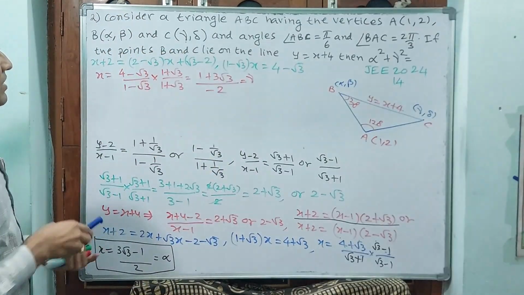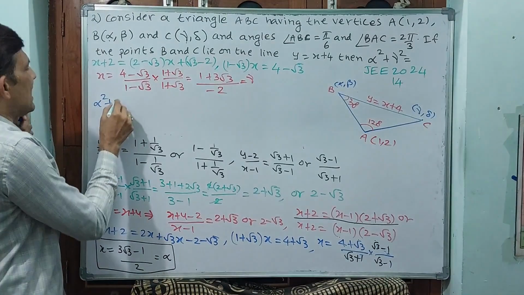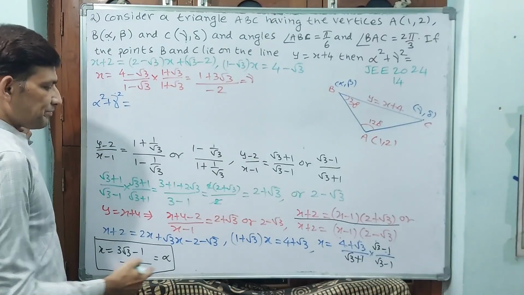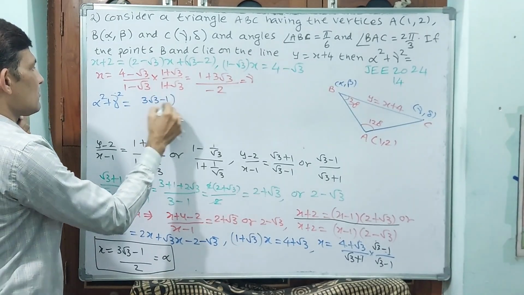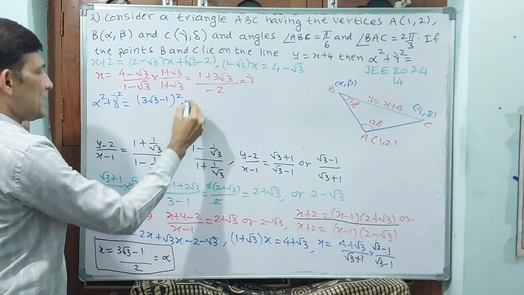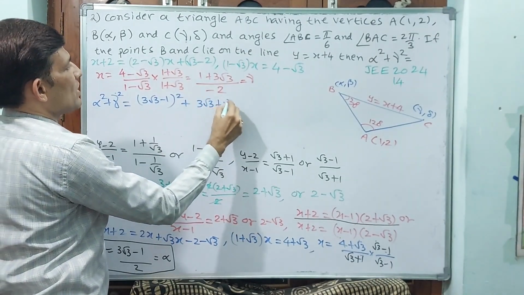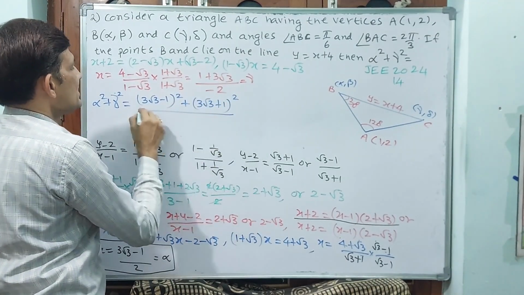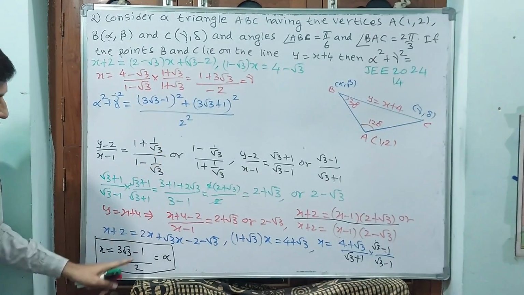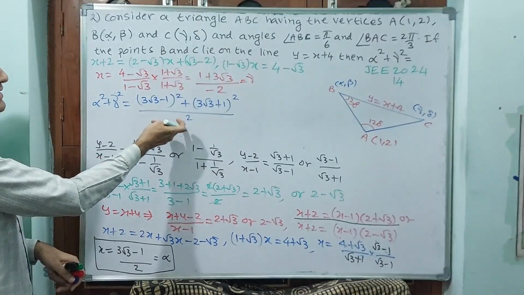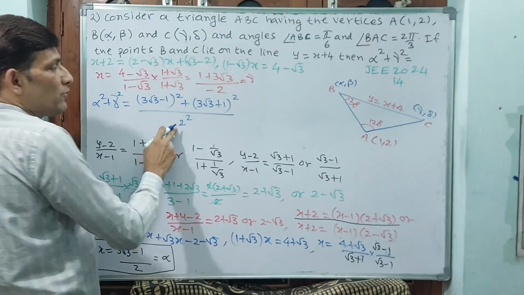Now let us square and add. Alpha square plus gamma square is equal to 3 root 3 minus 1 whole square plus 3 root 3 plus 1 whole square by 2 square. Why 2 square? Because minus 2 square also is 2 square only. As LCM I have taken, both denominators are same. Denominator is 4, that is not a problem.